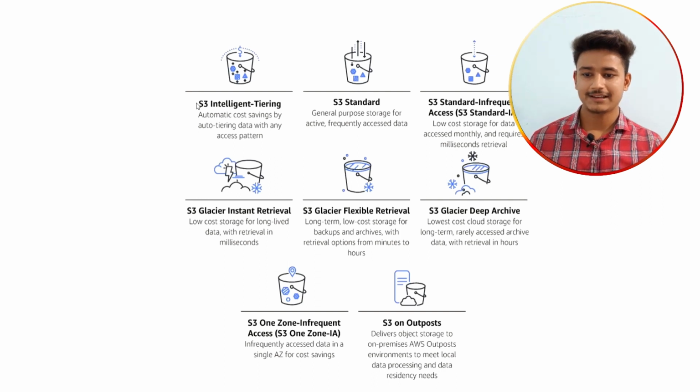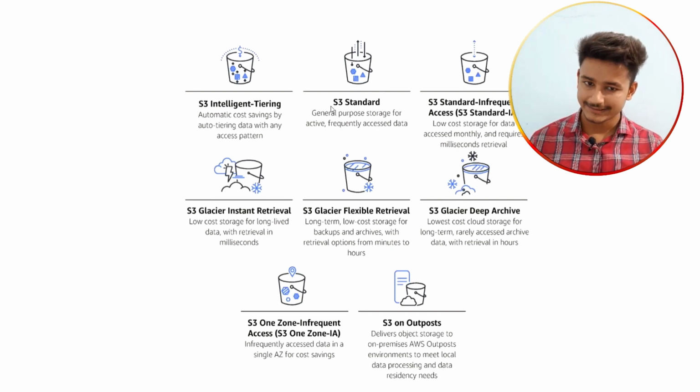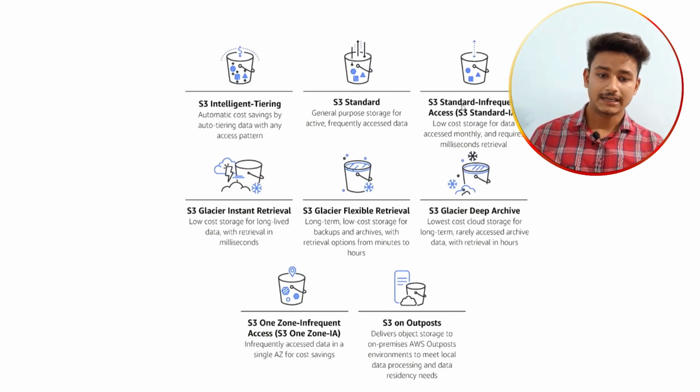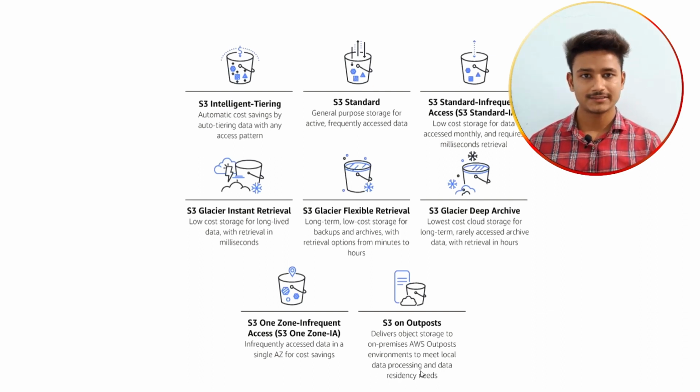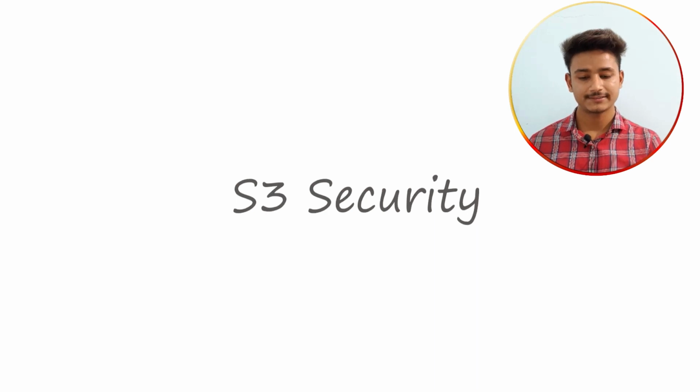Number one is S3 Intelligent-Tiering, then S3 Standard-Infrequent Access, called S3 Standard-IA. Then come S3 Glacier Instant Retrieval, S3 Glacier Flexible Retrieval, S3 Glacier Deep Archive, then S3 One Zone-Infrequent Access, that is S3 One Zone-IA, then S3 Outposts. So these are the classes provided by AWS in terms of S3.